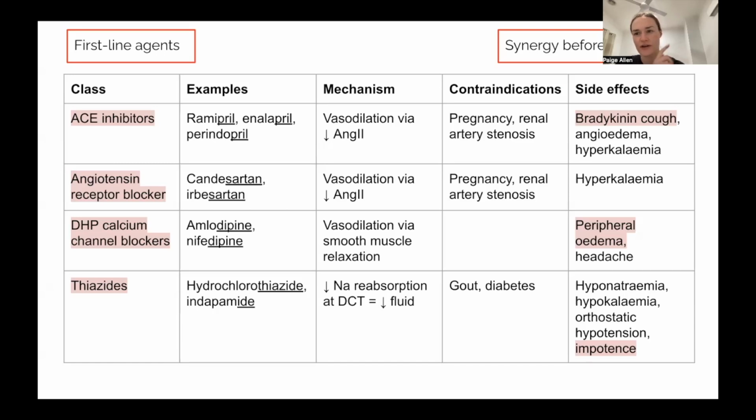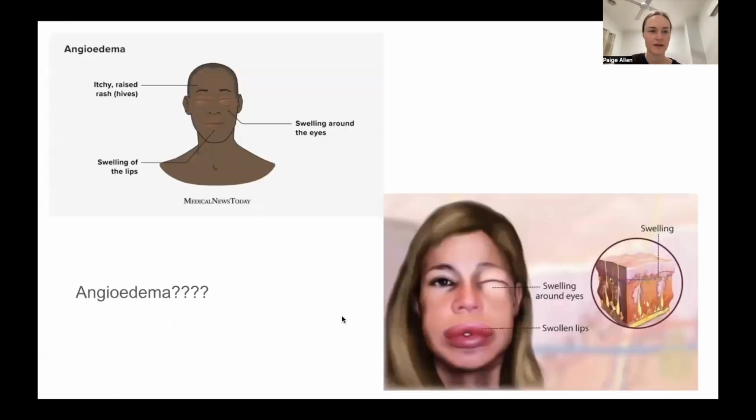Thiazides can also increase your blood sugars slightly, which is why you don't want to use them in diabetes. They can mostly just cause electrolyte disturbances that I have listed there. And interestingly, they can cause impotence. So I think they like to ask that one as an exam question quite frequently.